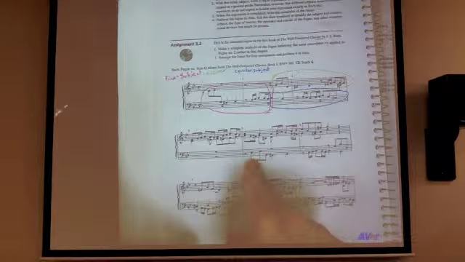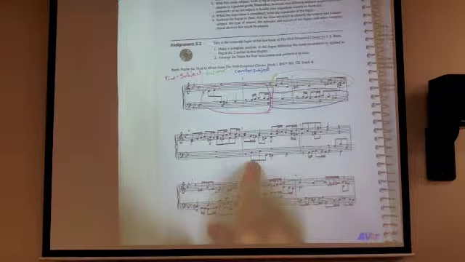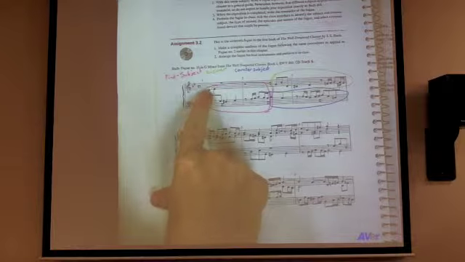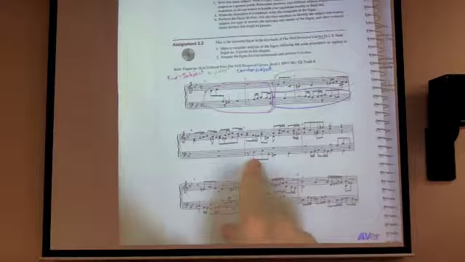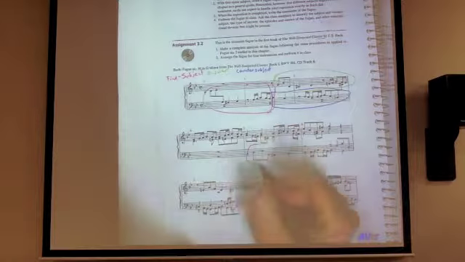And then it comes back here. To determine whether it's an answer or a counter subject, we've got to look at the key. Basically just the starting pitch will tell us. So here it's D and here it's G. When it comes back as a D, it's going to be the subject again.